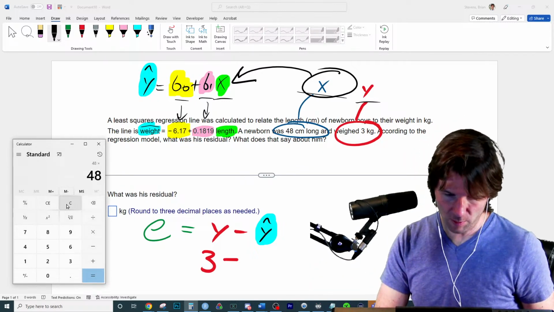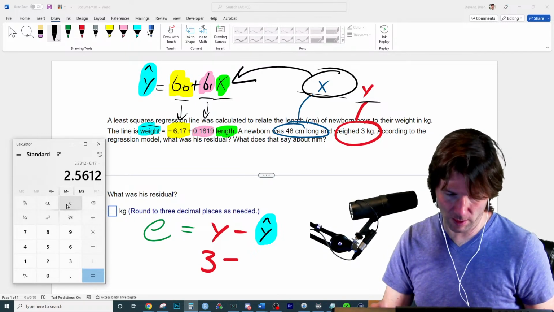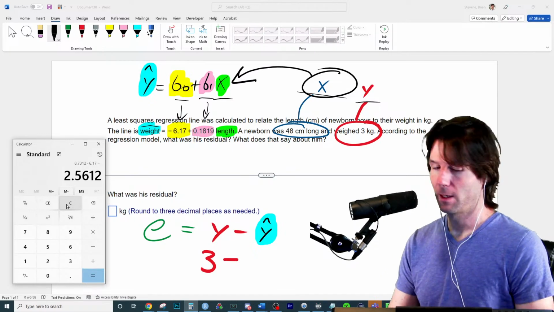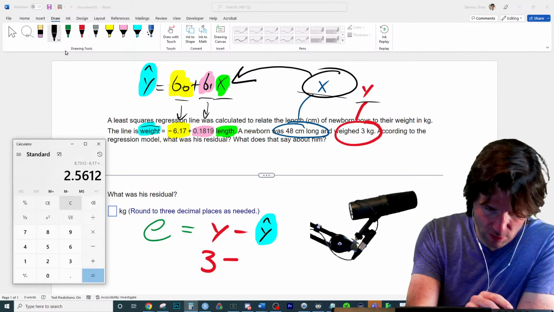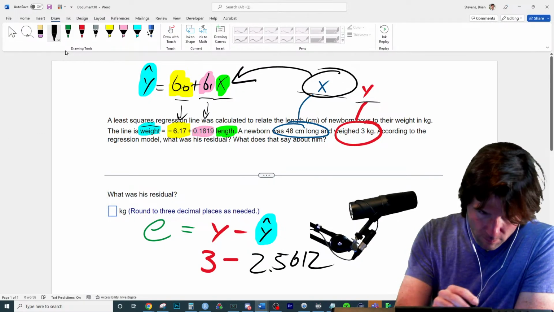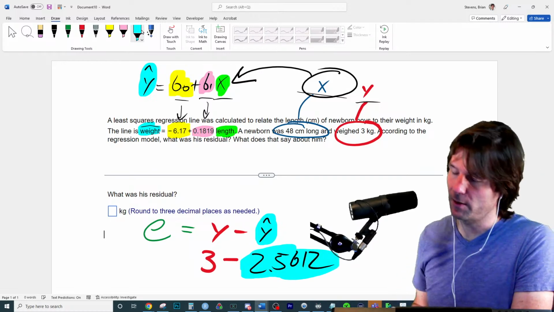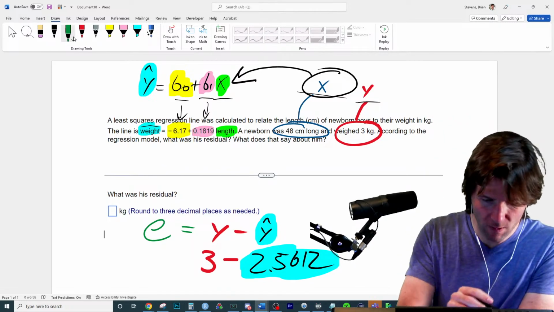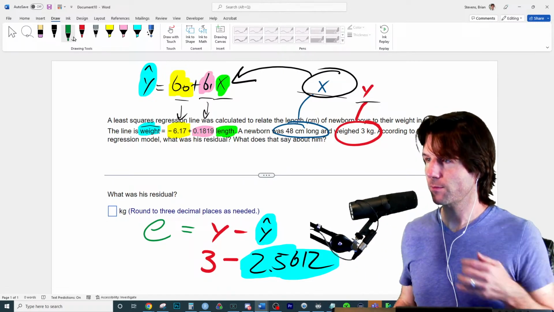Take 48, plug it in, 1819, and subtract from that minus 617. There we go, and that's the prediction, 2.5612. What's the residual about? We could estimate it. Is the residual positive or negative?